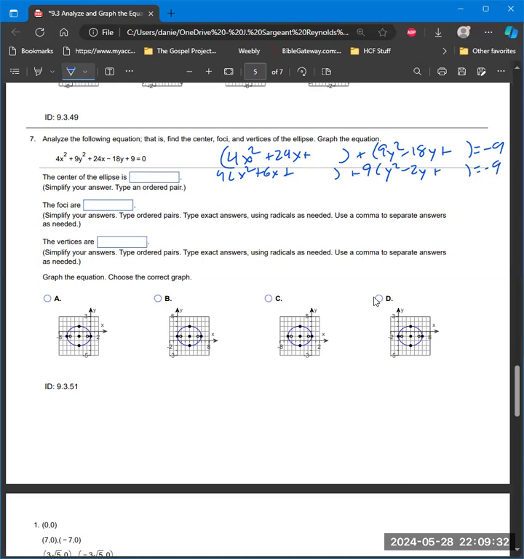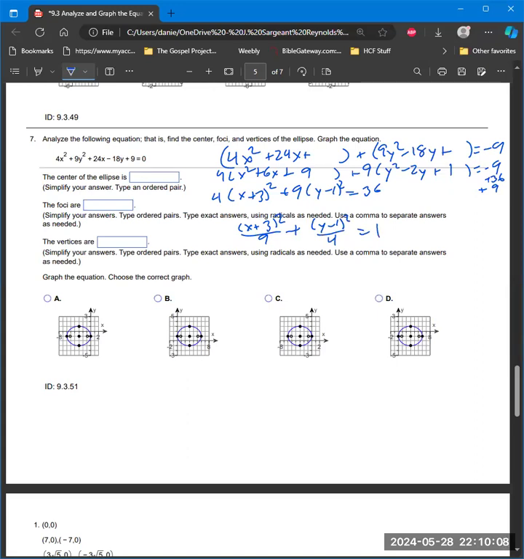Half of 6 is 3. 3 squared is 9. 9 times 4 is 36. Half of -2 is -1. -1 squared is 1. 9 times 1 is 9. This is 4 times x plus 3 squared plus 9 times y minus 1 squared is equal to 36. When I divide by 36, this is x plus 3 squared over 9 plus y minus 1 squared over 4 equals 1.